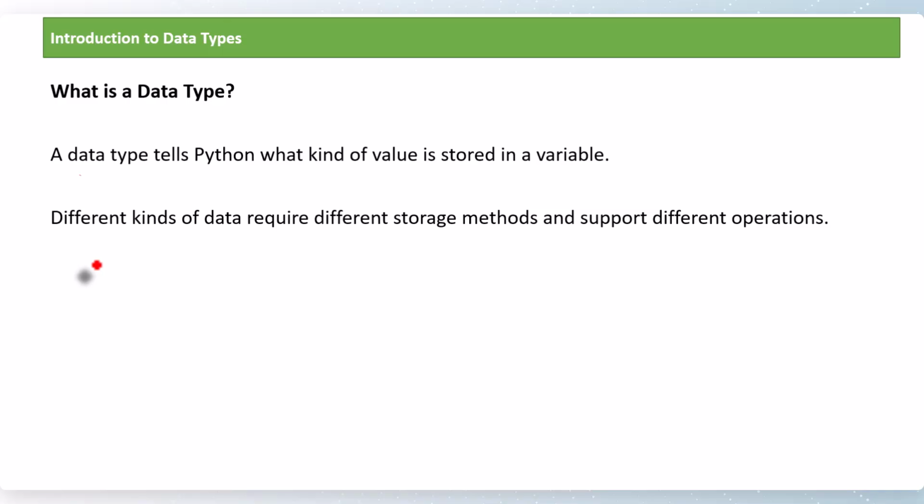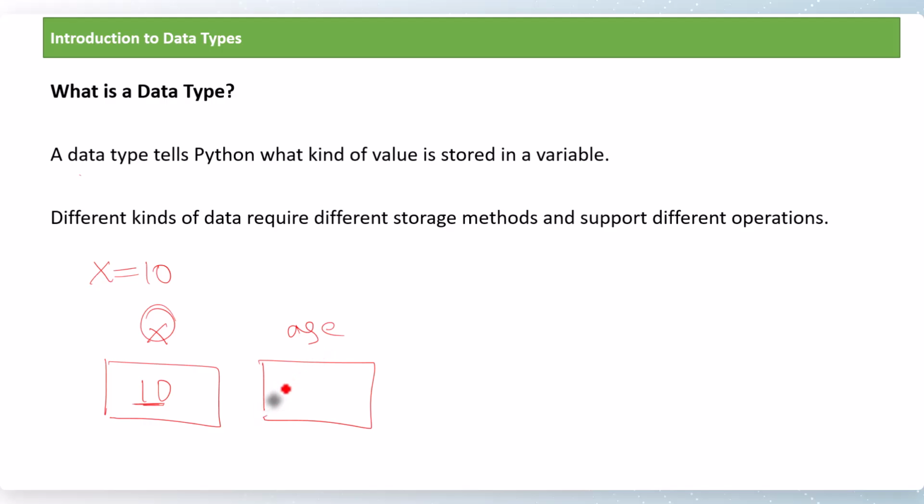We know that x equal to 10. So here 10 is a kind of integer object. So x is the name for that variable. Now, what kind of data is this variable holding? That is nothing but data type. For example, I have age, age is 30. I have height, so height can be 6.1. You can have a floating point value.